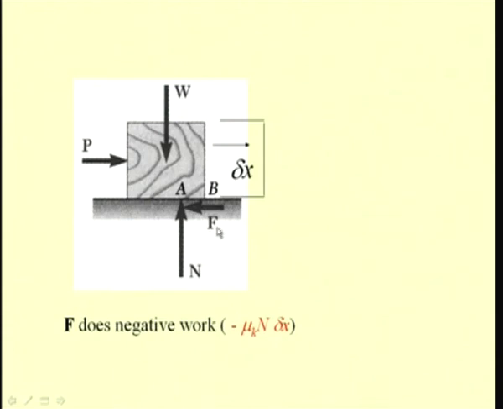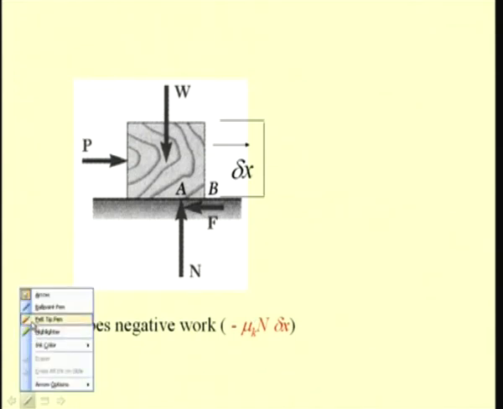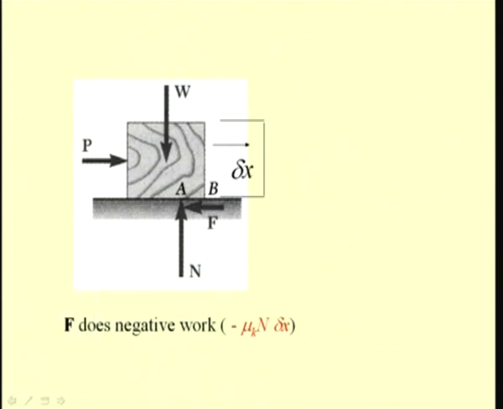So, this frictional force F in such case will be the dynamic friction or the kinetic friction, which will be equal to mu k times N. So, this force F is equal to mu k times N. Now if you would like to know the work done by this frictional force, let us consider a virtual displacement delta x in the forward direction or in the direction of the applied force.